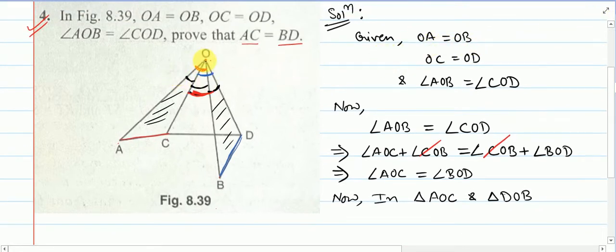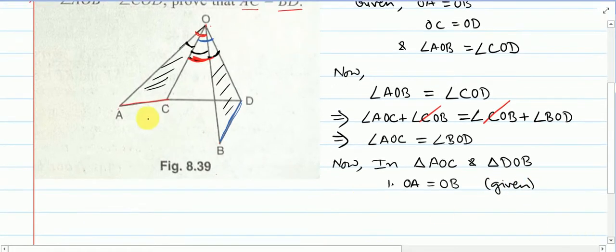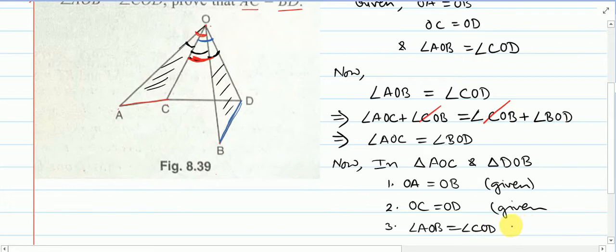This side is equal to OB, so I can write number 1, OA is equal to OB, and this is given to us. Next we can write OC is equal to OD. This is also given. And thirdly, we can write angle AOB is equal to angle COD.